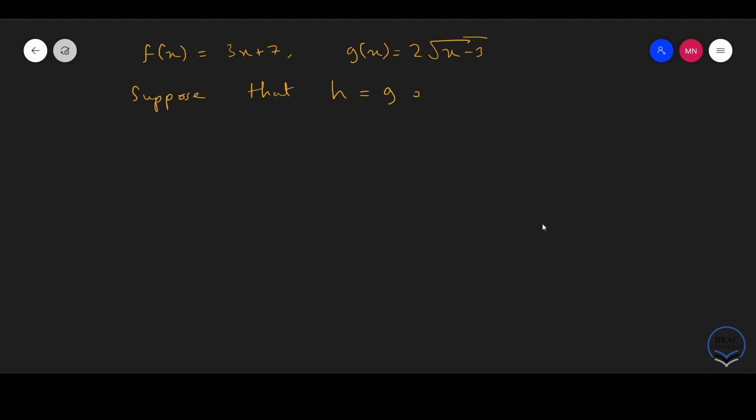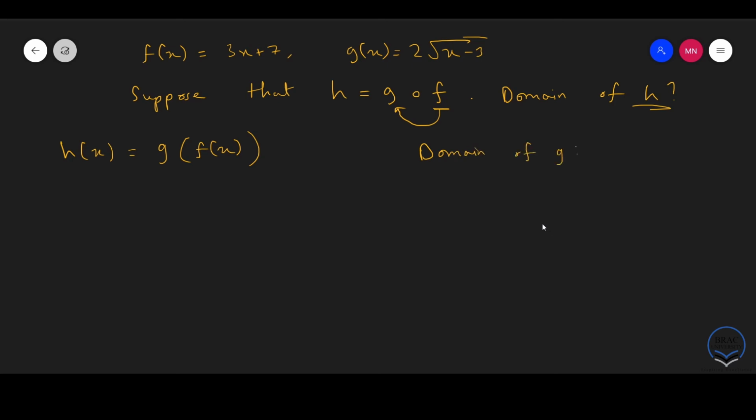So we have g of f, meaning our function f is inside the function g, right? So now what is the domain of h? What is the domain of h, of this function, right? So we know that h of x is equal to g of f, meaning g of f of x, right? And we know the domain of g.